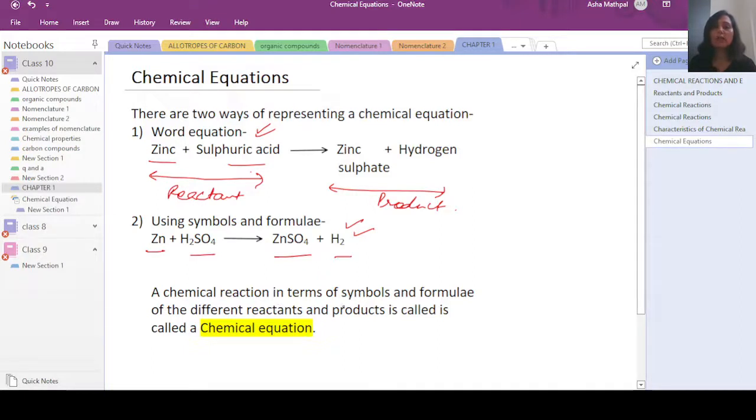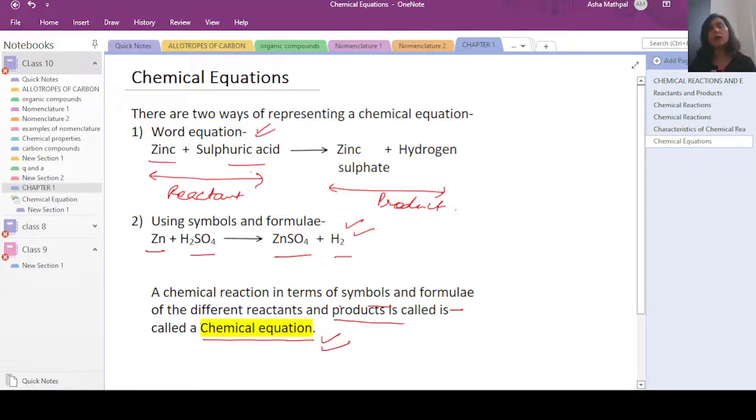A chemical equation is simply a chemical reaction written using the symbols or formulas of the reactants and the products.